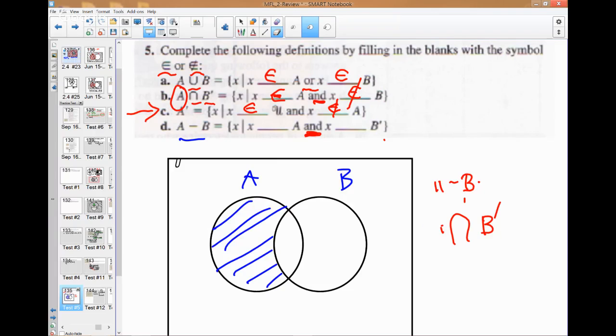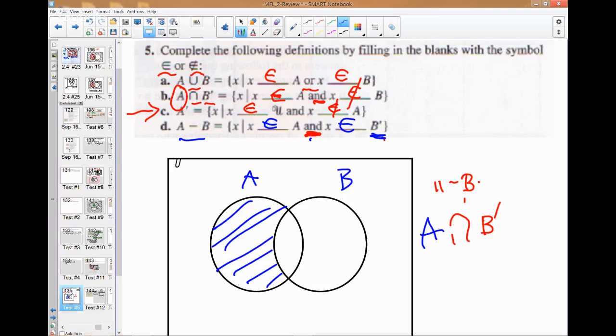I erased this accidentally. So this was what? Remember the other way we did it was A intersect B complement. Well, there's the intersect. So it's everything in A intersected with everything that's, oh boy, this is tricky. They put B complement, so it's in B complement.